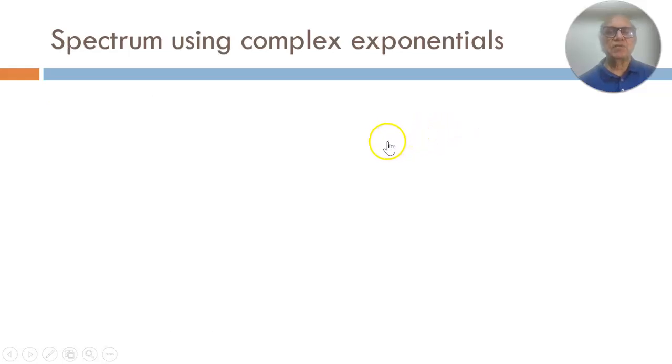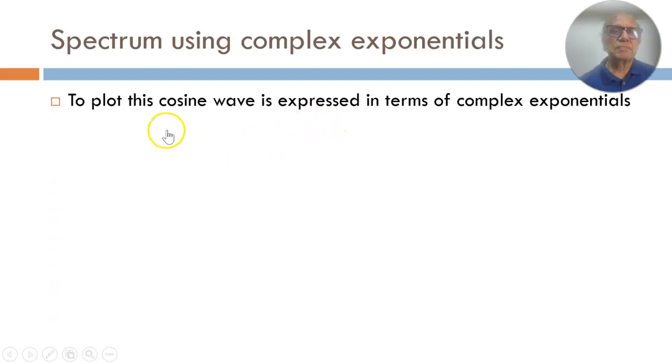Next, in this case we were using cosine functions in order to sketch. Now the cosine function can also be expressed in terms of an exponential. So you can plot the spectrum slightly differently by using the exponentials, and we'll see the reason for doing it a little later.